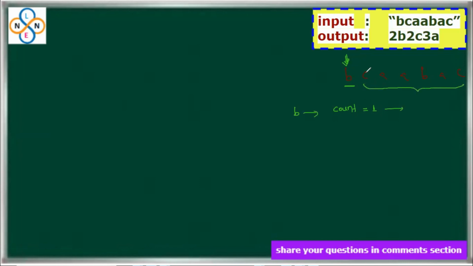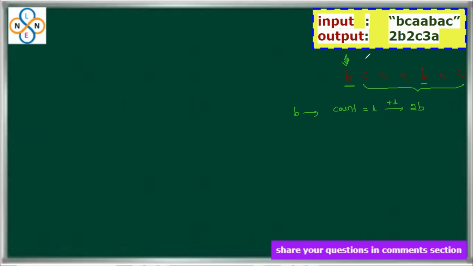Is b present at any other position or not? Yes, it is present one more time. Once it is present, we have to increment the count by 1. Then the count will become 2. Then after this, is any other b present? No. So once the checking of this b is done, we have to print the count and also the corresponding character.